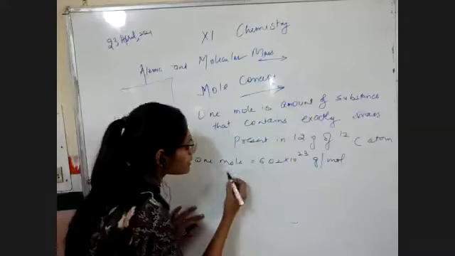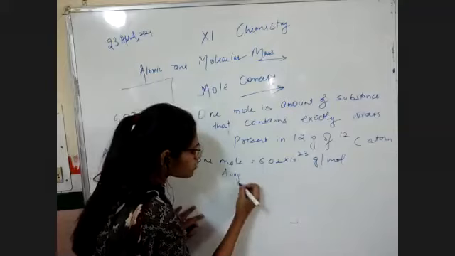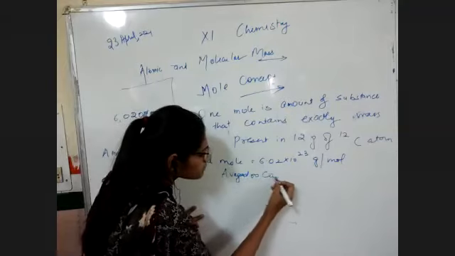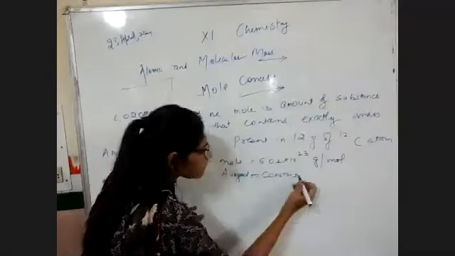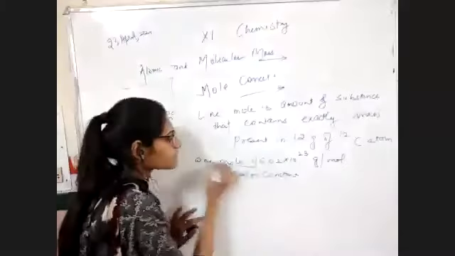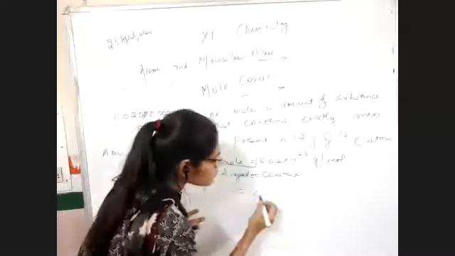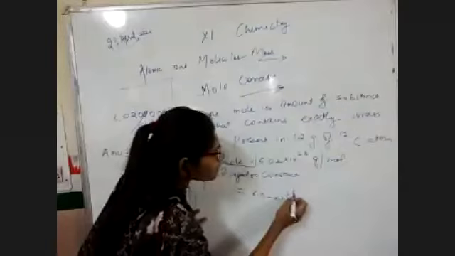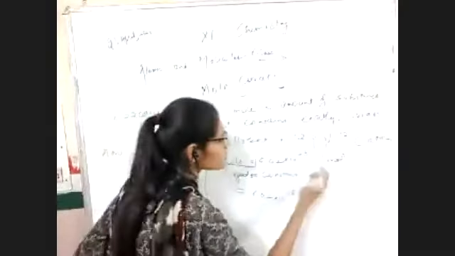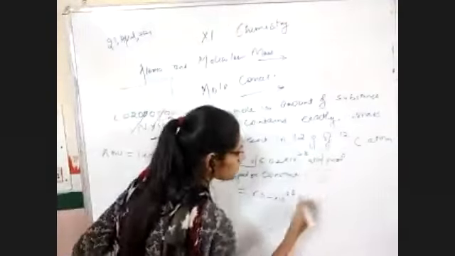This particular term is known as our Avogadro's constant, which you have to remember. Avogadro's constant is equal to 6.02 into 10 raised to power 23. So not gram, it must be atom per mole.